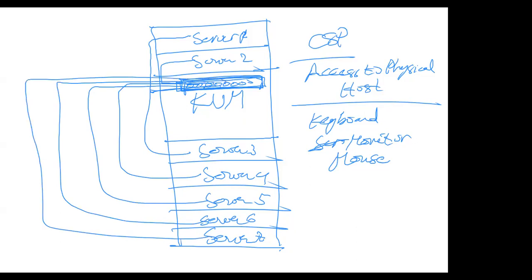If you want to manage server number 1, press button number 1. Then the keyboard, the mouse, and the monitor will be virtually as if connected to this server, as the keyboard and mouse of the server. If you need server 2, press button number 2.